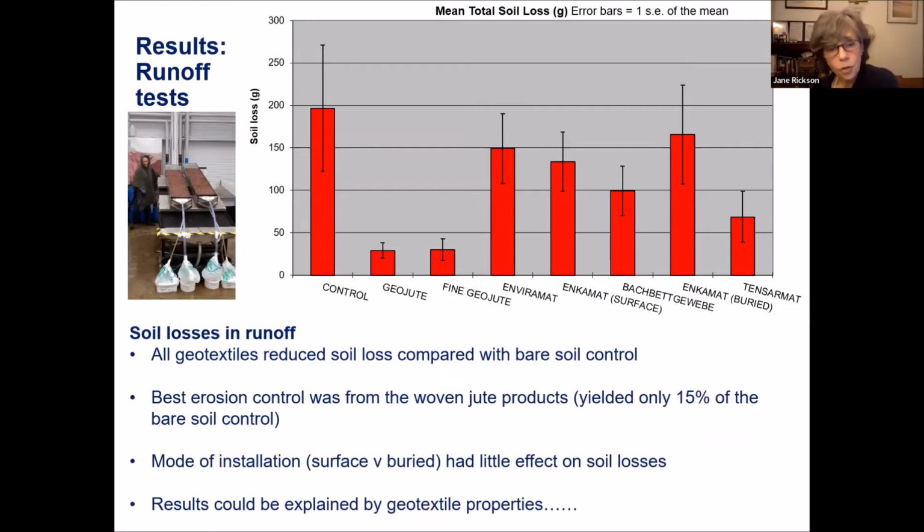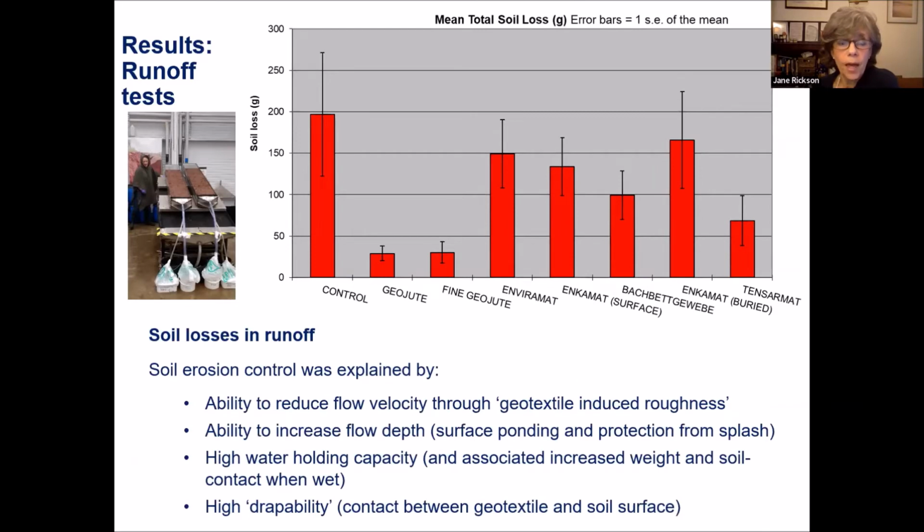The best erosion control was given by the woven products, particularly the jute products, and they were yielding only about 15% of the sediment coming off the bare soil control. At this scale, the mode of installation, whether you're surface or buried, had little effect on those soil losses. And again, we correlated the performance of these products with their attributes, with their properties.